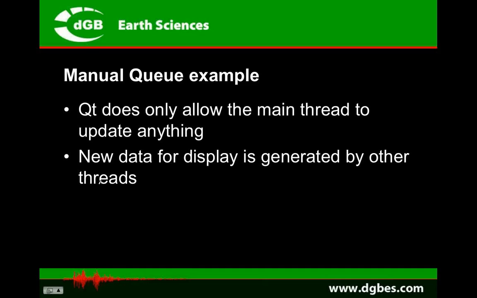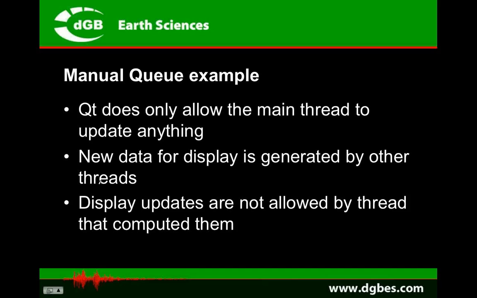I cannot immediately call the Qt commands to update this, because I'm not in the main thread, and then I may cause crashes or instabilities in OpendTect. So I have to go to the main thread and have the main thread update the data for me.